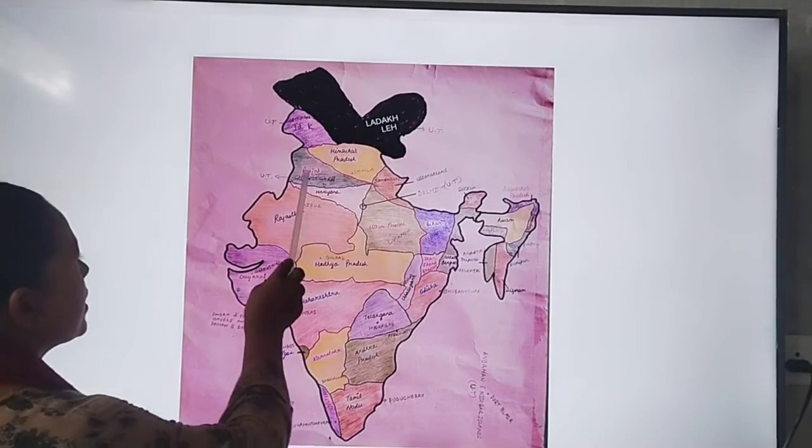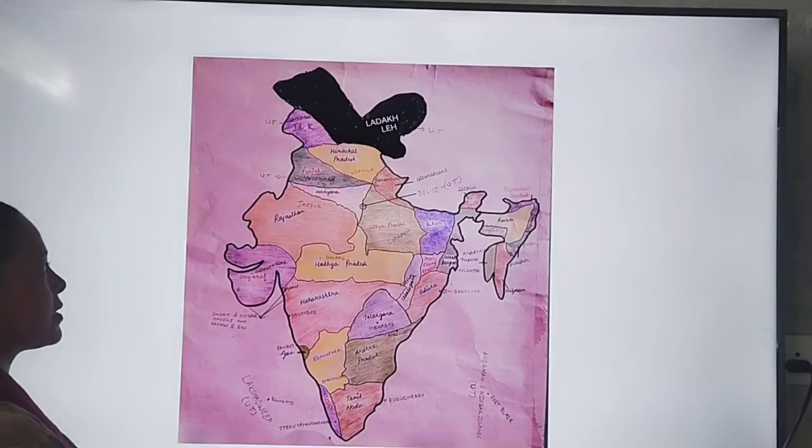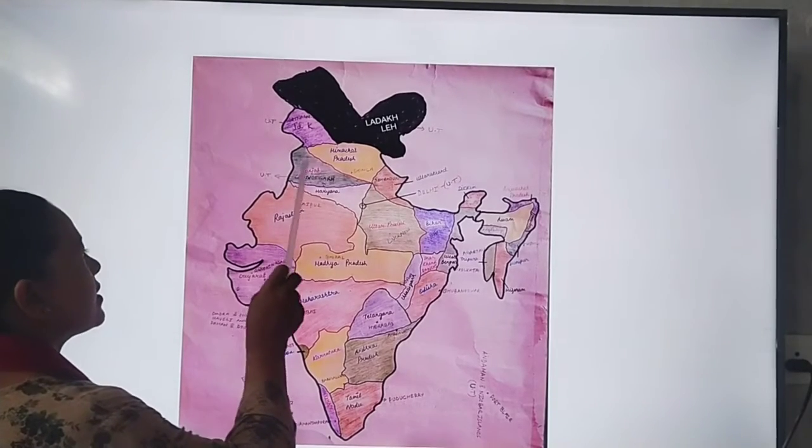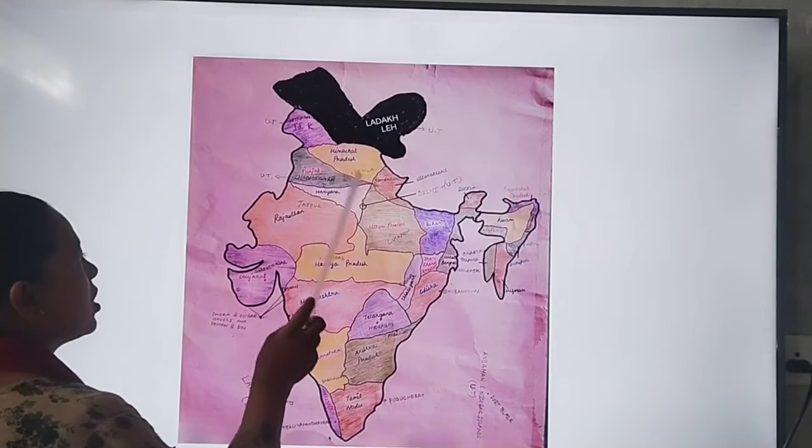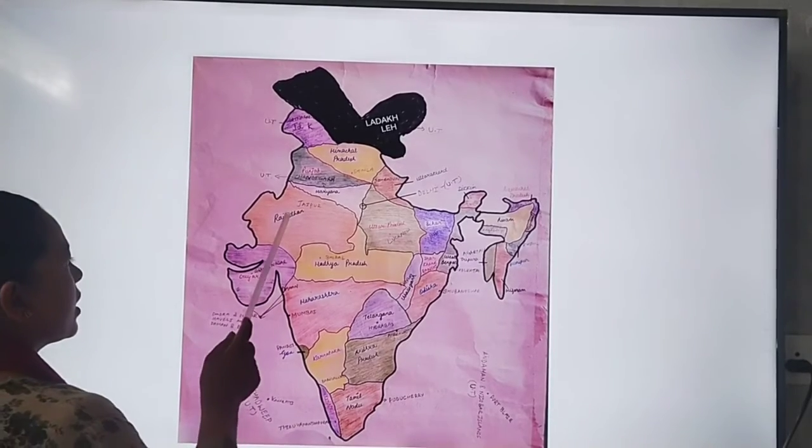So children, Punjab and Haryana are the names of the states, and their capital is the same, that is Chandigarh, also a union territory.